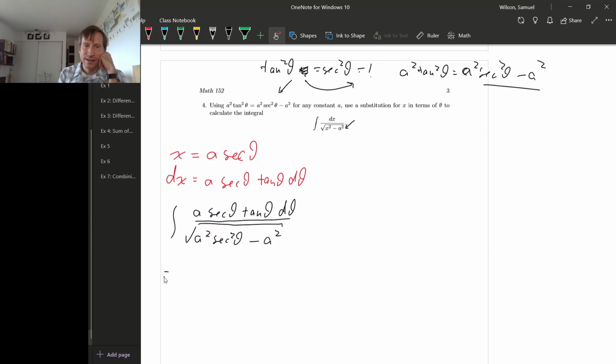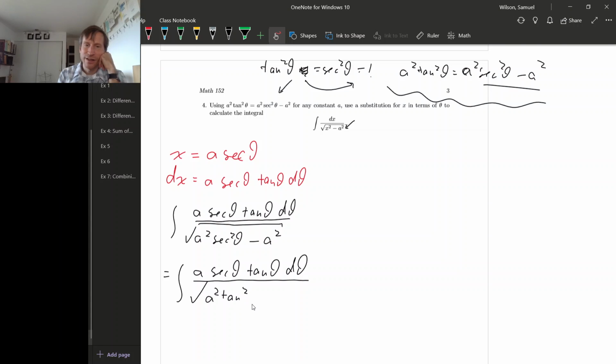All right. So integral of a times secant theta times tangent theta d theta over, and then according to our identity here, the stuff inside the square root is a squared tangent squared theta. Okay, now we can simplify the square root.